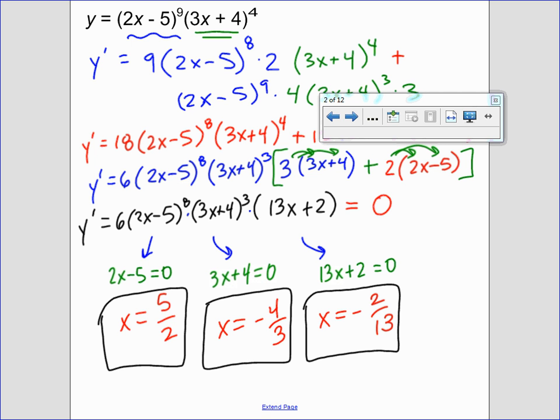Other questions? All right, so did anyone verify graphically? Did anybody want to verify graphically? Not excited? We certainly could, right? We could certainly verify graphically by looking at our calculator and adjusting our window, and we'd be looking to see where my curve had a horizontal tangent, where it's leveled off. We could also do second trace, the calculate menu, dy dx, and enter each of these x values.